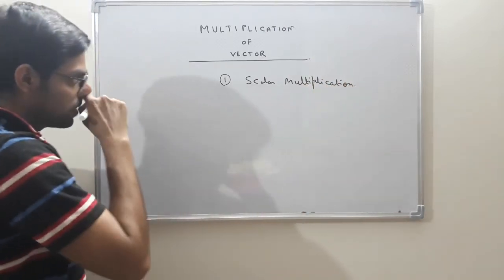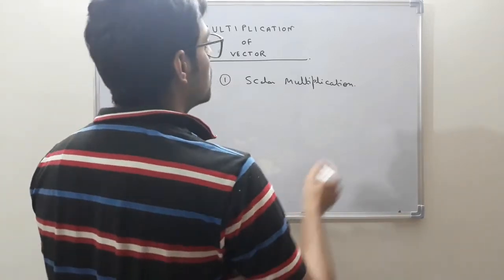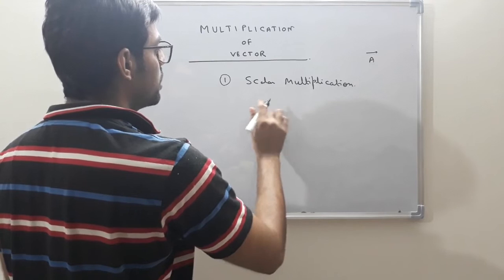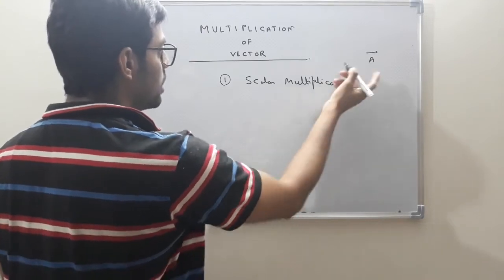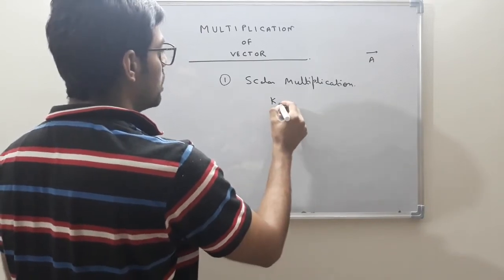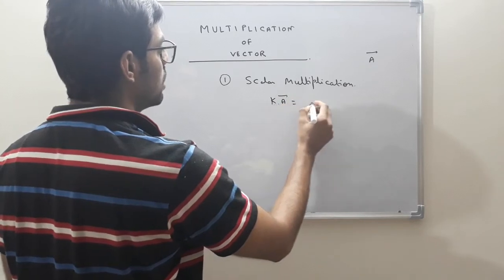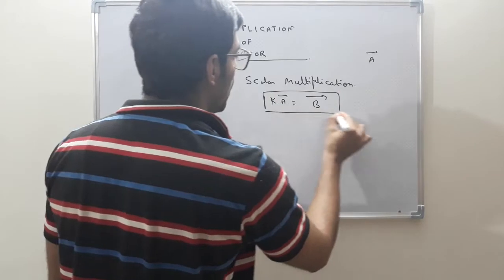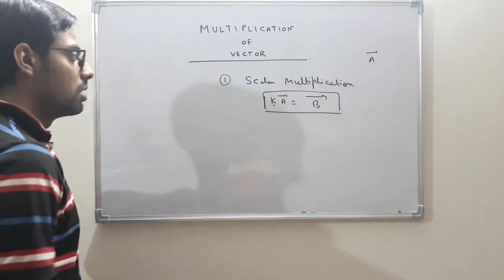Scalar multiplication means, suppose you have a given vector A, then we obtain by multiplying A vector with a given scalar quantity, suppose K into A vector, it will result in another vector B vector. So this is scalar multiplication, and K is a scalar quantity.